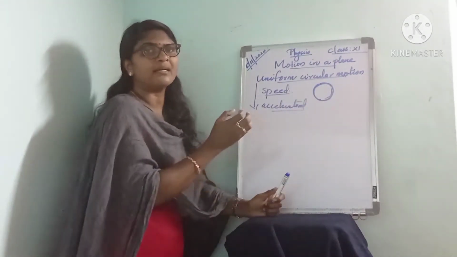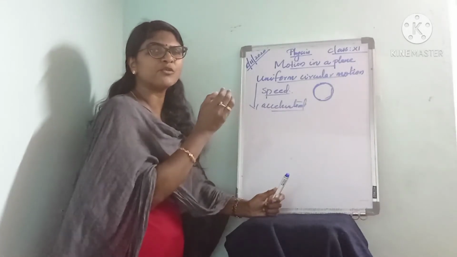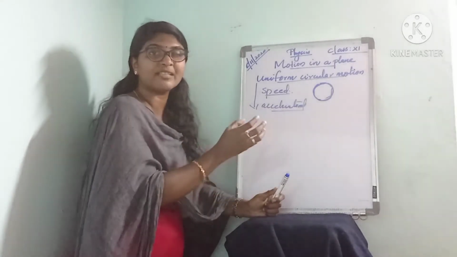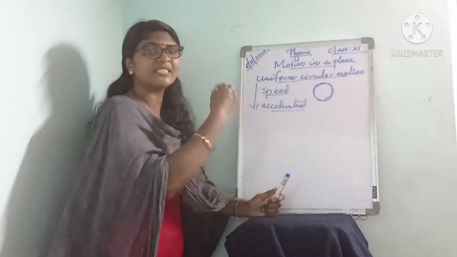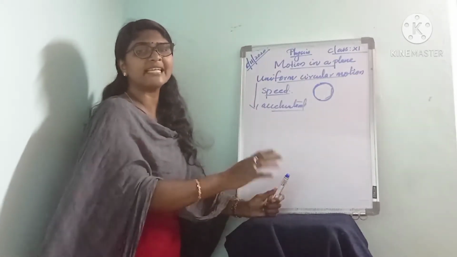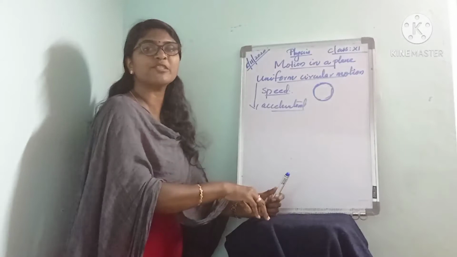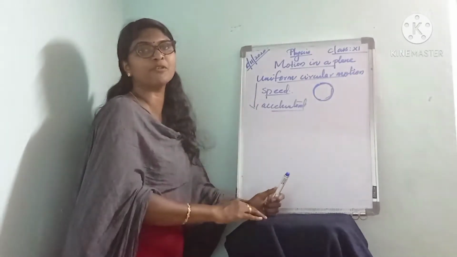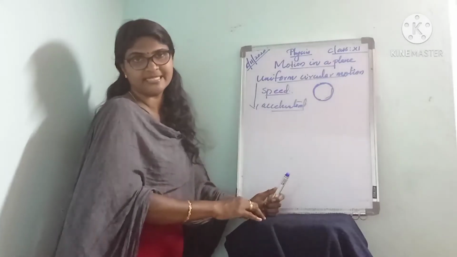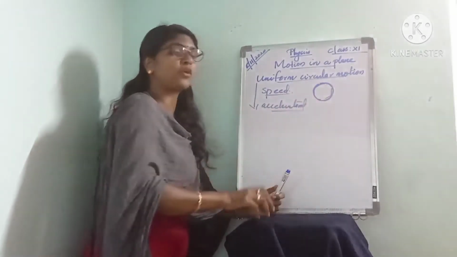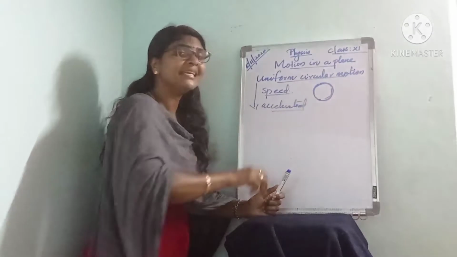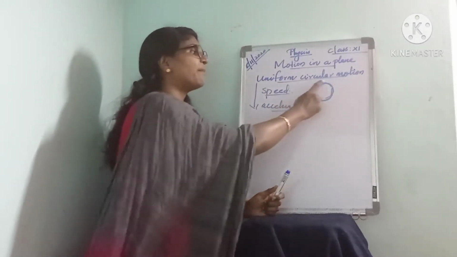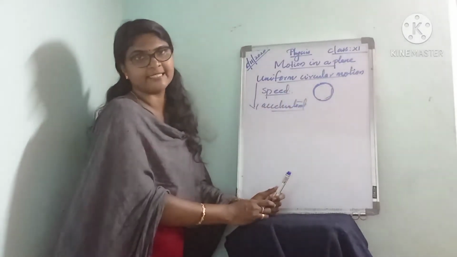There are conditions for a change in velocity to occur. If the speed changes, there is a change in velocity; if the direction of motion changes, there is a change in velocity; or if both speed and direction change, there is a change in velocity. Here the speed remains constant, but the direction of motion changes, so the velocity of the particle also changes.